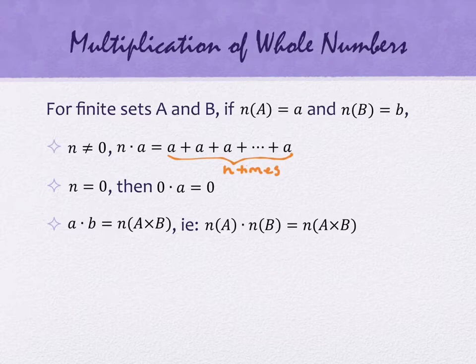If the n value actually is 0, then 0 times A is equal to 0. And finding the multiplication of A times B is the same thing as finding the number of elements in the Cartesian product, which we had done before, somewhere in chapter 2. I think it was 2.3.